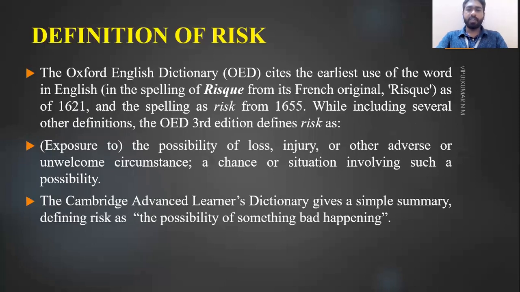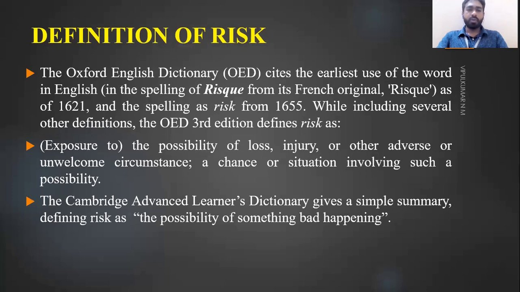Then the definition of risk. Here we have two definitions, one from the Oxford English Dictionary and one from the Cambridge Advanced Learner's Dictionary. Before that, the term risk emerged from the French word risque, R-I-S-Q-U-E. From 1655 they have been using the term risk, R-I-S-K, instead of risque.